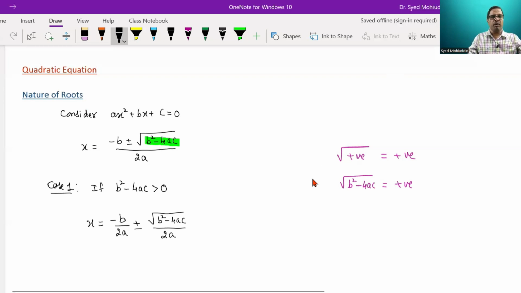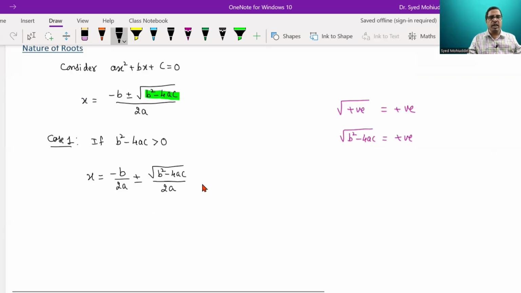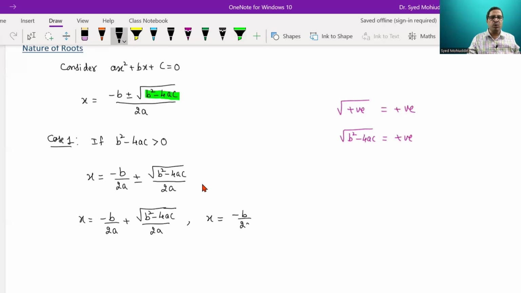Since you have plus or minus, you can separately write x to be equal to minus b divided by 2a plus square root of b square minus 4ac divided by 2a as one of the roots, and another root will be minus b by 2a minus square root of b square minus 4ac divided by 2a.